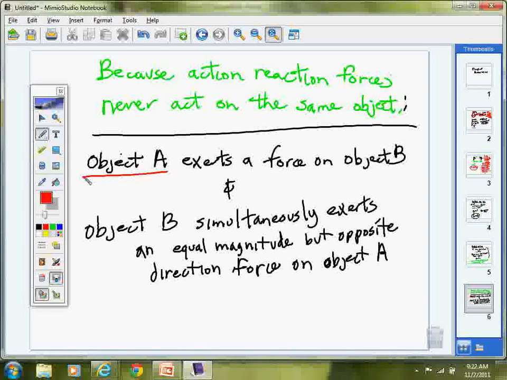Object A pushes object B. Object B pushes back just as hard in the opposite direction on object A. They don't cancel each other out because they never act on the same object.